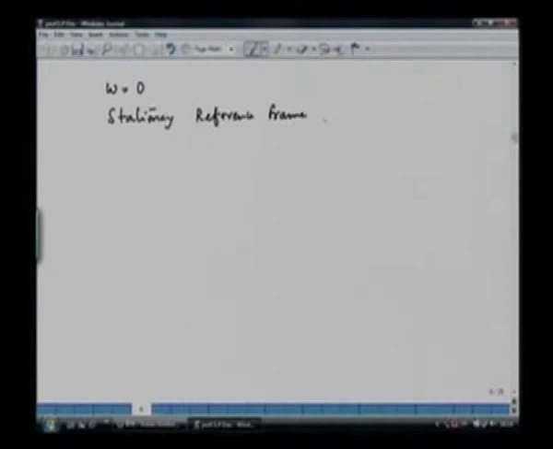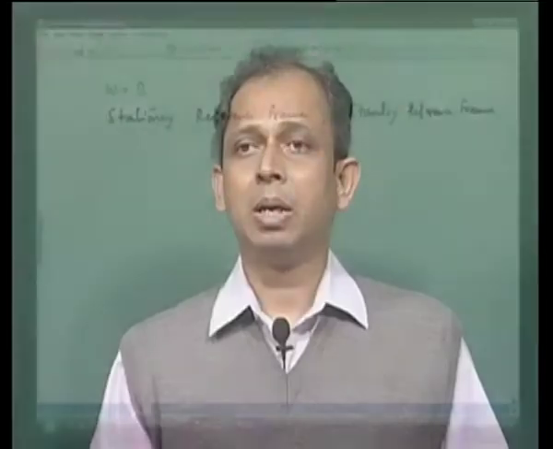It is also known as Stanley reference frame by the name of a scientist called Stanley. Okay, so this can be employed in case of an induction machine, as you have seen little earlier that the induction machine was simulated in stationary reference frame. When the speed of the reference frame was 0, it was stationary in the space.